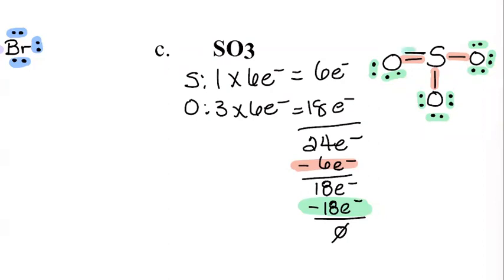Now, I could have done that with the oxygen on the right. I could have done that with the oxygen on the bottom. If you write any of those 3 different sulfur trioxide structures, that's what we call in chemistry resonance structures. They're going to be contributing structures to the overall Lewis dot structure for a particular molecule.